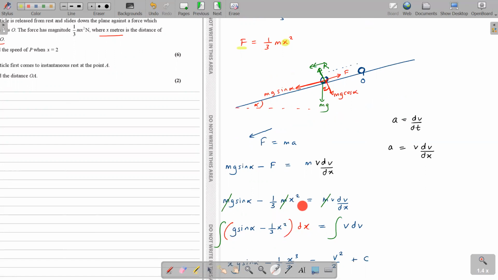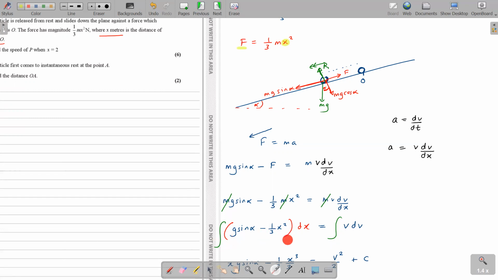Then you integrate both sides, because I want to find v and I need to get rid of these dx's and dv's. From acceleration, if you want to go to velocity, you have to perform an integration somewhere down the line. So here I did the variable separation and then we integrate.